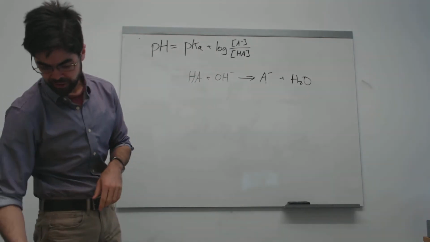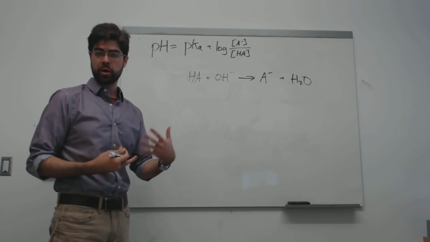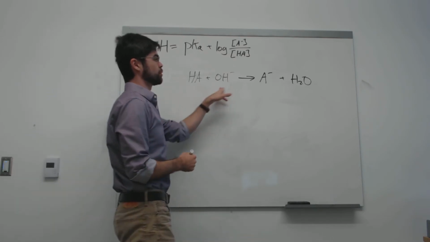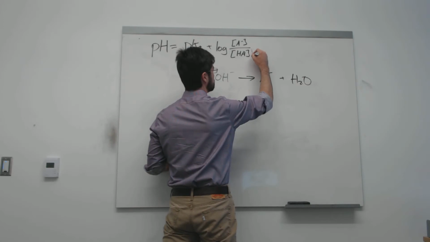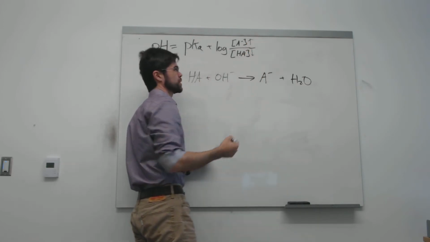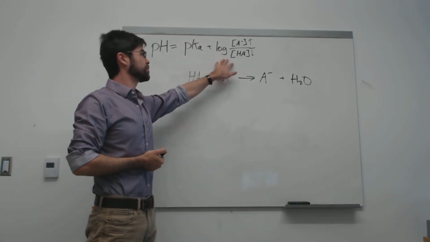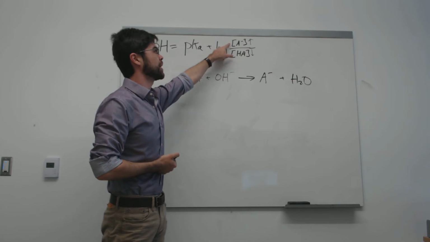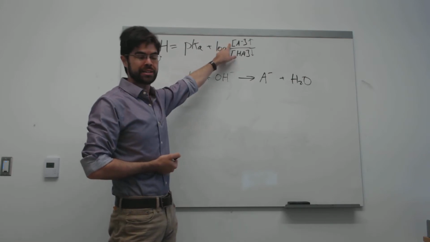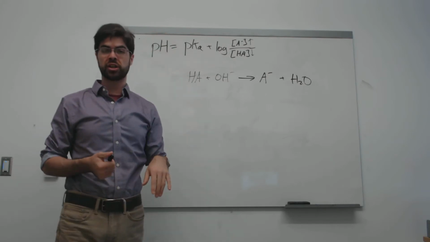So the net effect, when you add strong base, is you decrease the concentration of the weak acid and you increase the concentration of A minus. So this log becomes larger and larger as your numerator gets larger and your denominator gets smaller. This term gets larger, and so the pH increases.